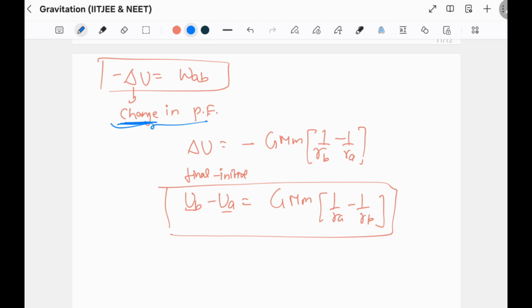For potential energy we have to take some reference point, then only you can find the exact potential energy. So what I am going to take is, at r equal to infinity, U at infinity will be 0. This is my reference point.